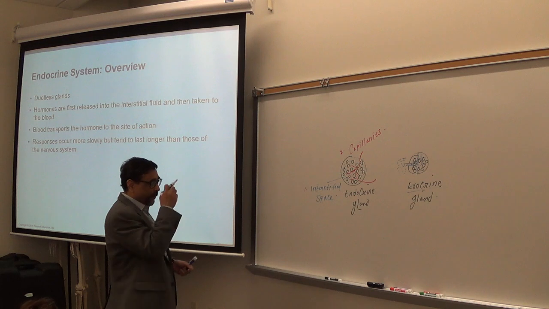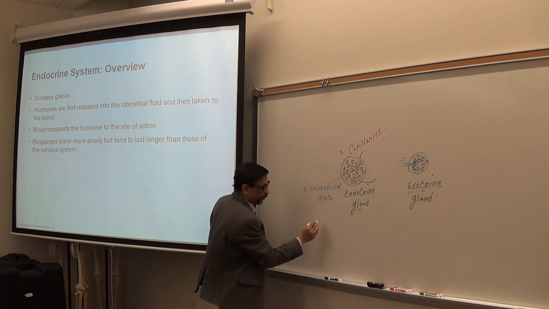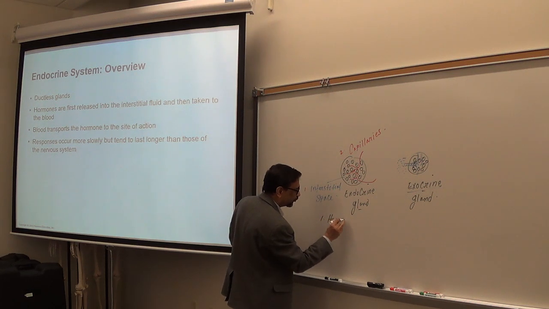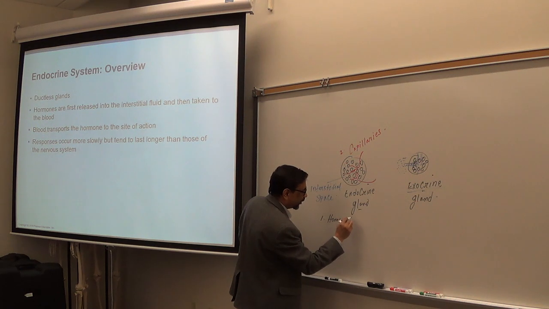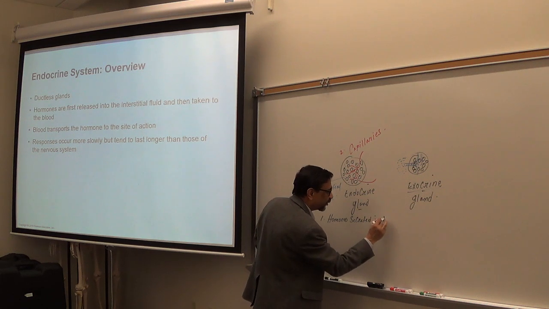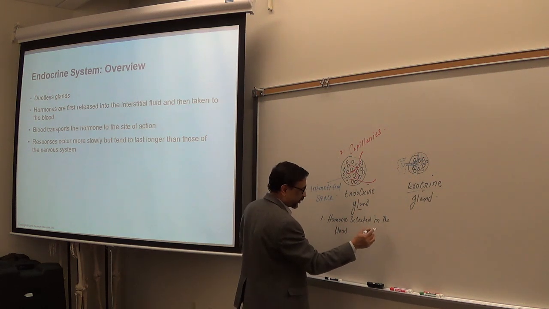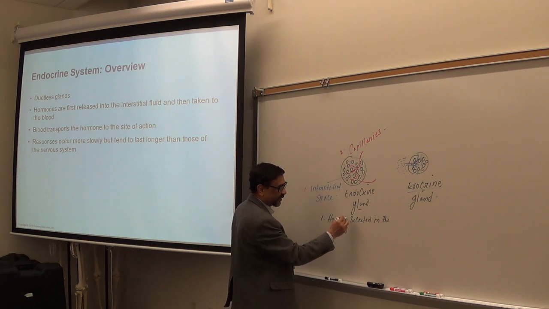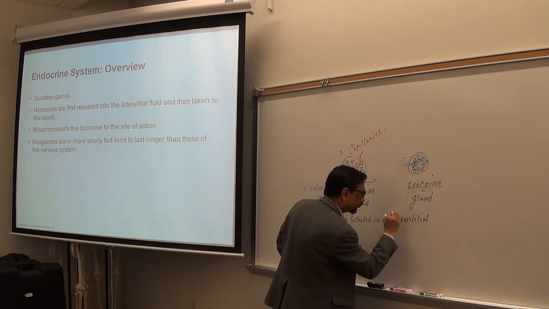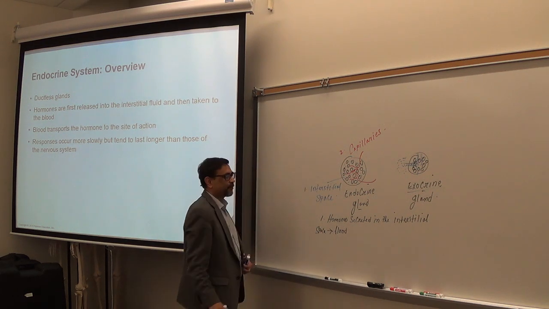So if I ask you, tell me a few differences between endocrine and exocrine, I can say in case of endocrine, number one, hormones are secreted first in the interstitial space, then goes to the blood.